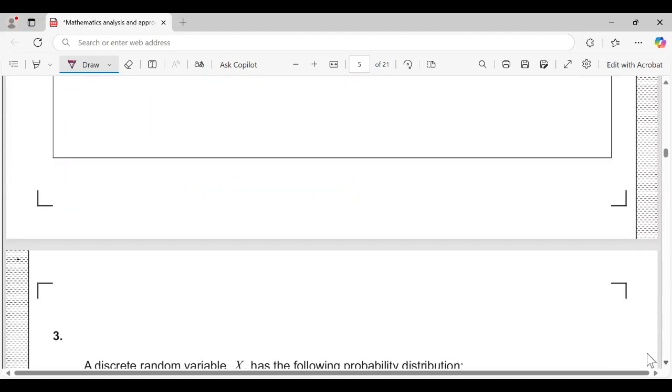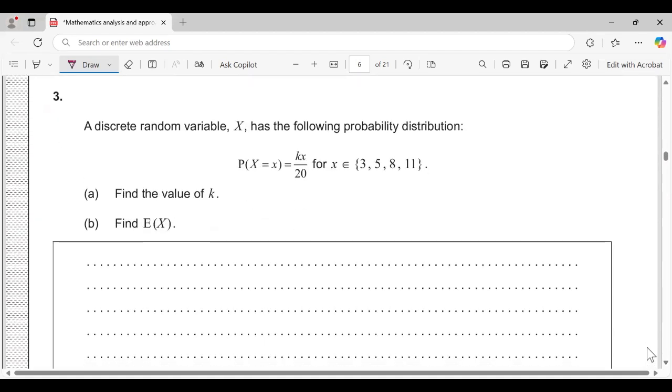Number 3. A discrete random variable x has the following probability distribution. P(x) equals kx over 20 for x in 3, 5, 8, and 11. Find the value of k. Find the expectation of x.